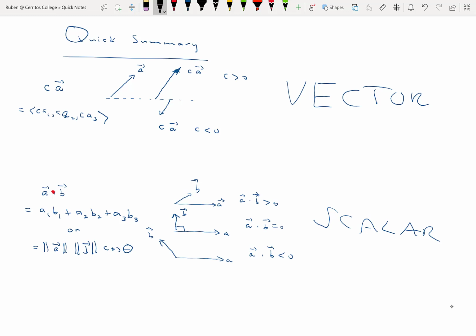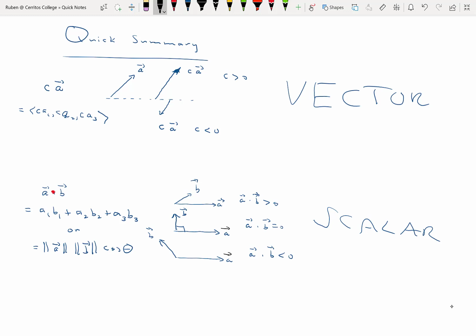If the angle between the two vectors is acute, then the dot product will be positive. If the vectors are orthogonal, then the dot product will be 0. If the angle between the two vectors is more than 90 but less than 180, then the dot product is negative. Okay, so let's move on.